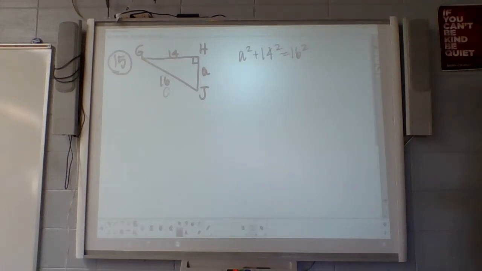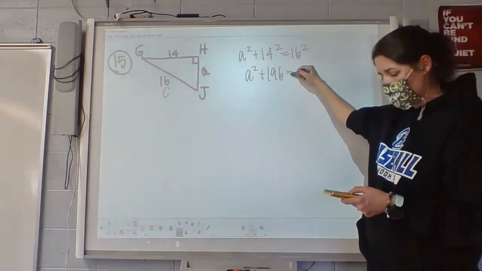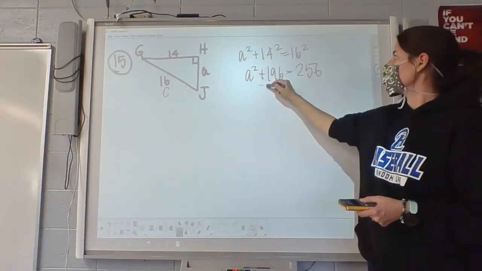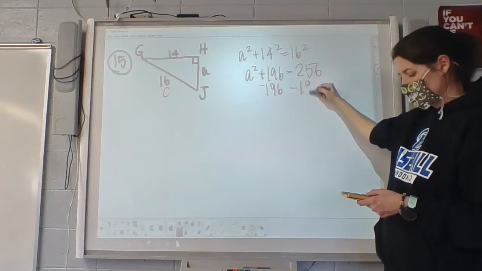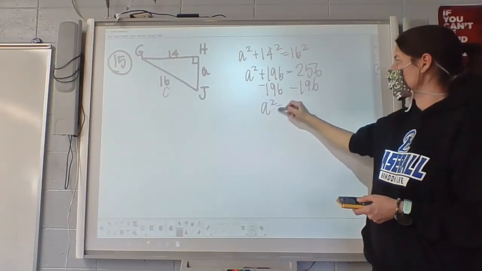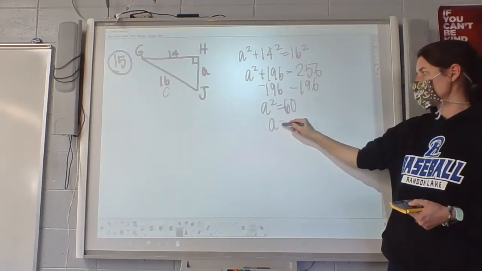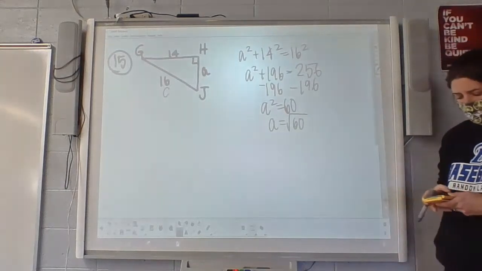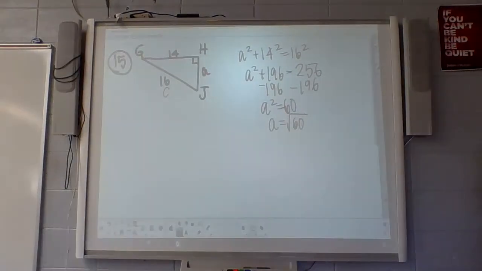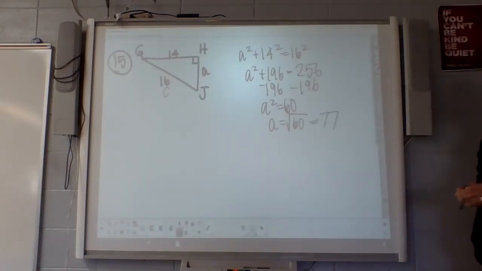So if I know a squared is 60, then a is the square root of 60, which you could write as a simplified radical, 2 square root of 15, or you can write as a decimal, 7.7. So that's little a.